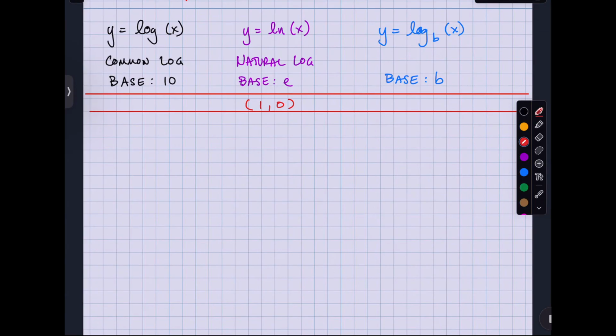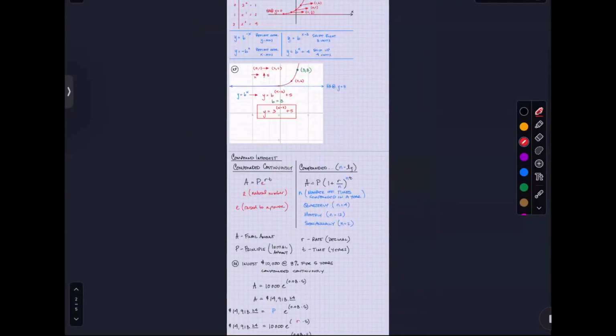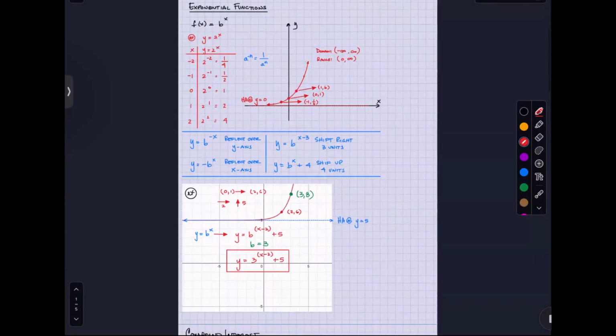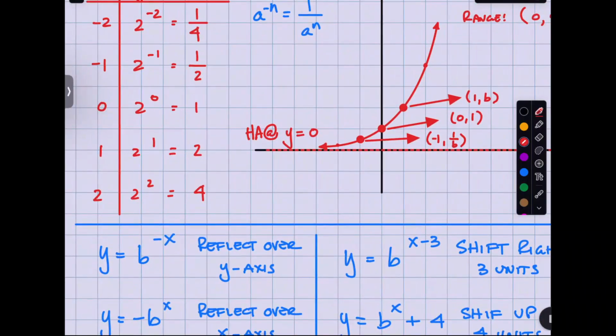Okay, so let's rewind. Remember how we said that with an exponential function, we always have 0, 1. How do we know we always have 0, 1? It has nothing to do with the asymptote. Before we even talked about the asymptote, we already agreed it's always going to have 0, 1.